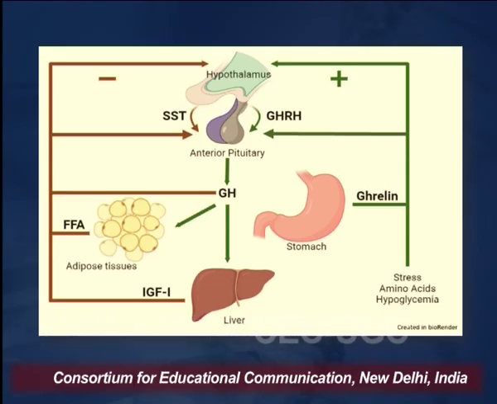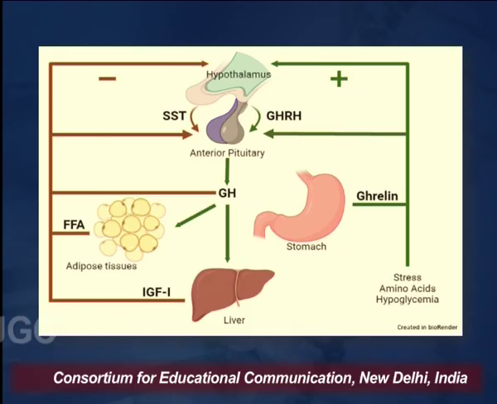One is the growth hormone releasing hormone, another is somatostatin, which is again released by the hypothalamus, and the third one is ghrelin, which is released by the stomach, the gastrointestinal tract. So whenever there is a positive influence, the human growth hormone releasing hormone released by the hypothalamus is going to influence the anterior pituitary to release the human growth hormone.